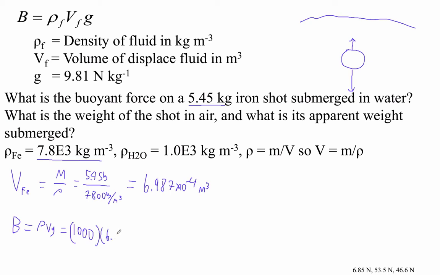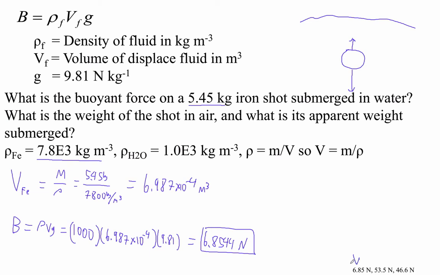This is Archimedes' principle, that the object displaces a volume of water equal to its own volume, right? That was discovered in Eureka, California, by the way. Let's see, 1,000 times the answer I just got times 9.81, and that buoyant force is 6.8544 newtons. Okay, so that's our first answer.